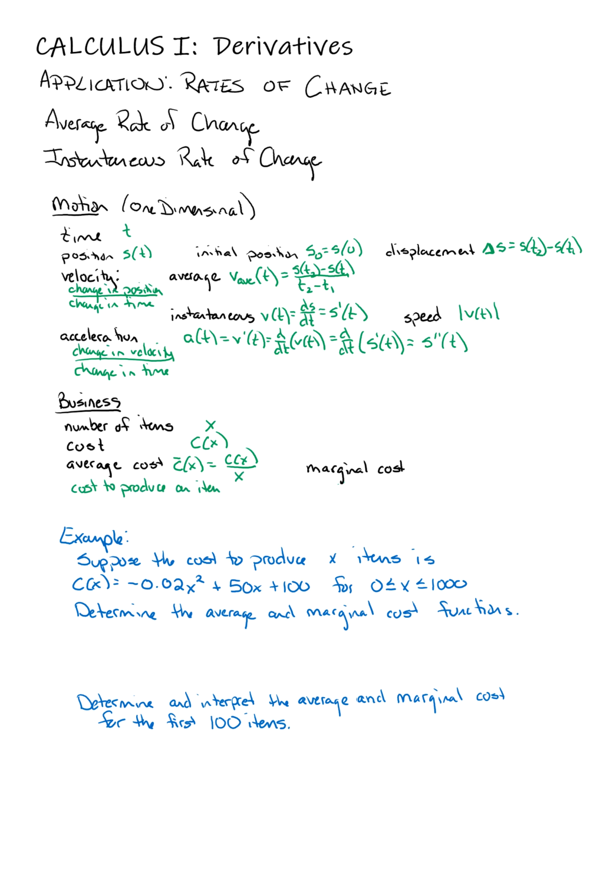Now, the marginal cost, you'll never guess what this is. This is c prime of x. And the marginal cost is the cost to produce one additional item.